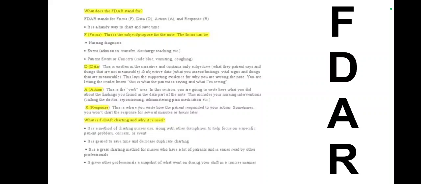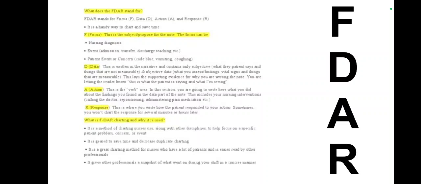Now, the focus is the problem, the main problem of the patient. It can be a nursing diagnosis, but it can be a specific problem. But for easier, more neutral language, we usually use the problem only.